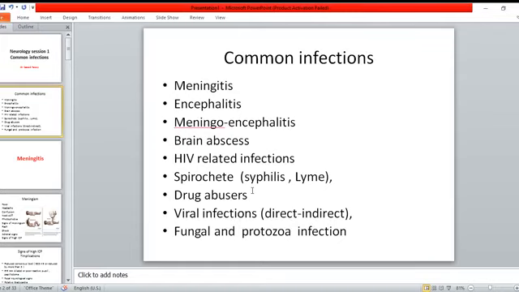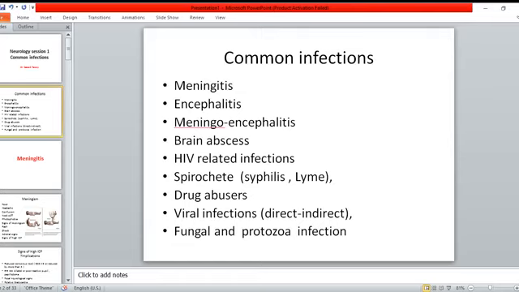Of course, sometimes the symptoms develop over weeks. So we call it subacute, and in this condition we have to consider, of course, tuberculous or fungal infections like cryptococcal infections.